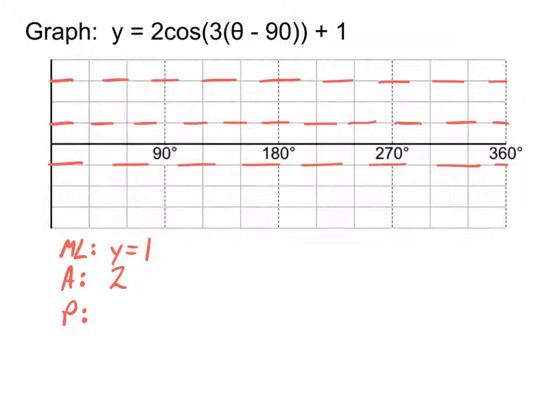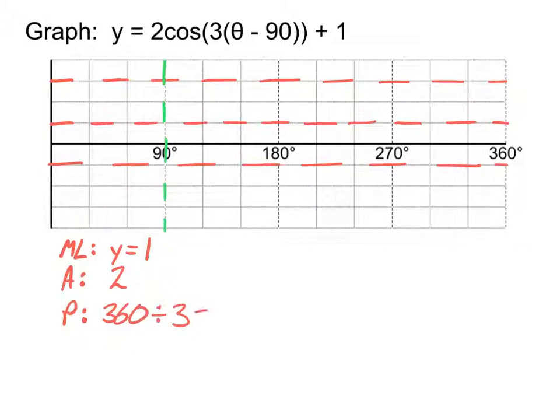All right, so also from that previous problem that we did, we saw that the minus 90 moves the entire graph right 90. Now, I'm going to go ahead and draw in the dotted line like I had mentioned you can do earlier, just to help visualize what we're doing here. But I now also still need to deal with the period. So remember, for period, I end up having to do 360 divided by my frequency.